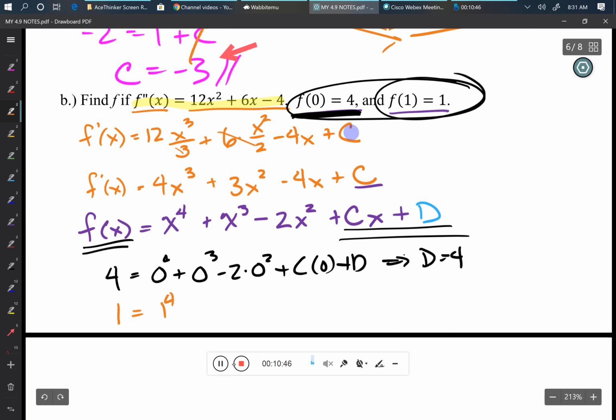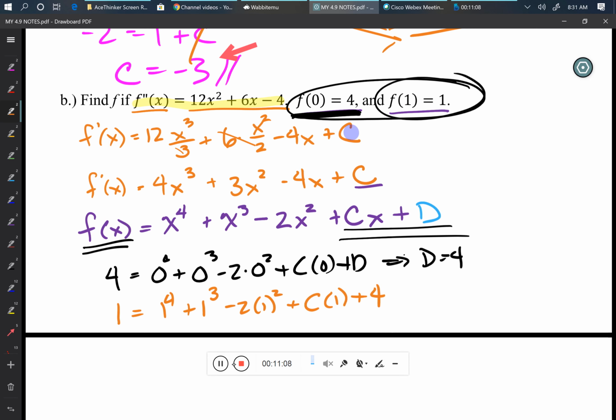I like that. And now I'll use the other initial condition to get that 1 is equal to 1 to the 4th plus 1 cubed minus 2 times 1 squared plus c times 1 plus 4. I got my c and my d mixed up there for a second.